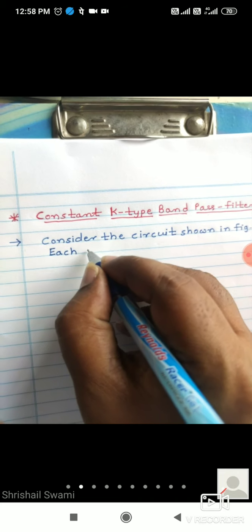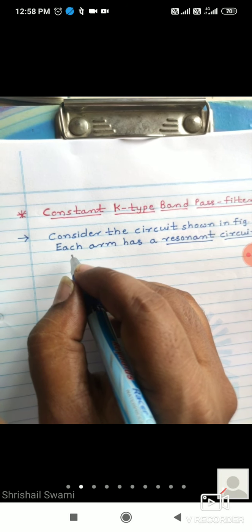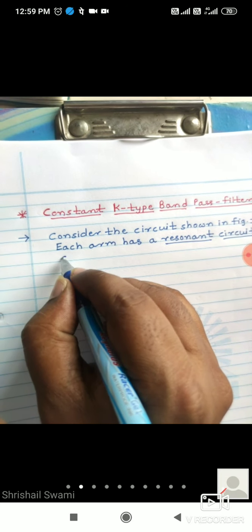Each arm has a resonant circuit, or tank circuit, a resonant circuit with same resonant frequency.